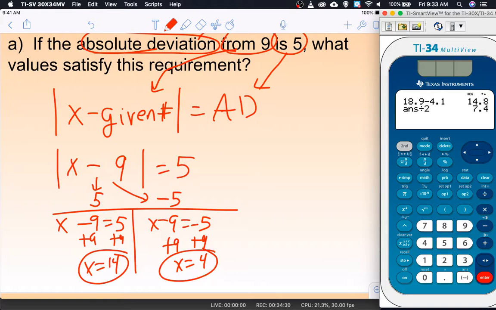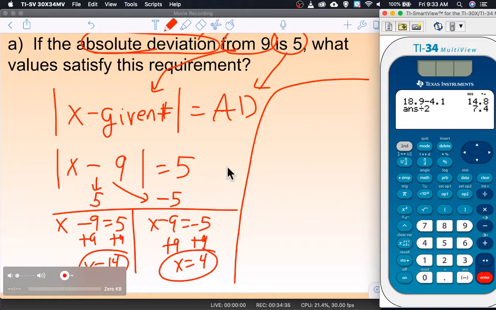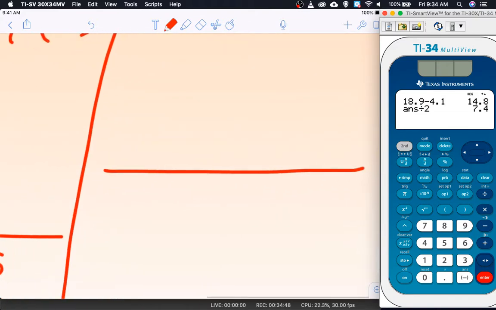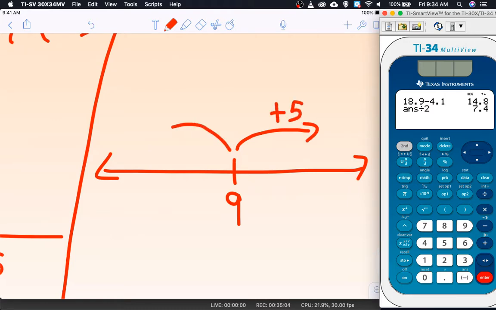But there's a different way of doing this. It's good to know the formula way. There's times where the formula way is the best way, but there's also times where with a little problem solving we can do it a different way. Imagine you have yourself a number line, and we're deviating from the number 9. Remember, that was our given number. The absolute deviation from 9 is 5, meaning I'm going to deviate 5 units bigger and 5 units smaller than 9.